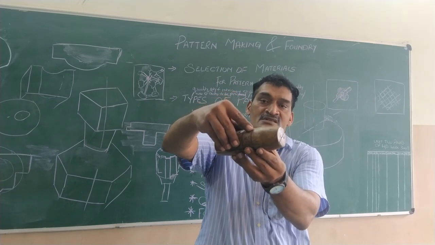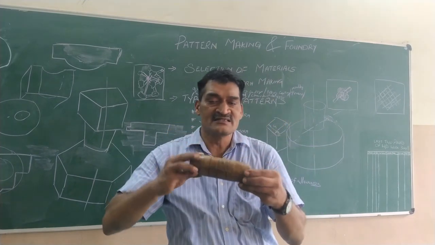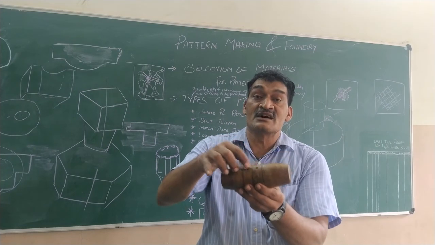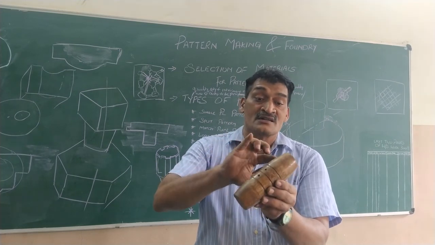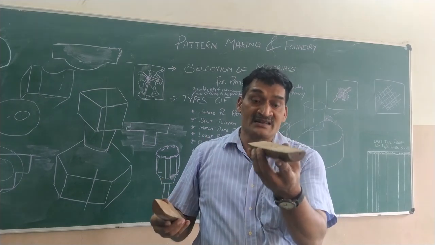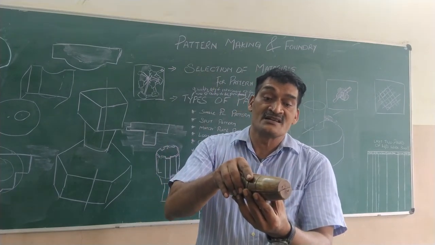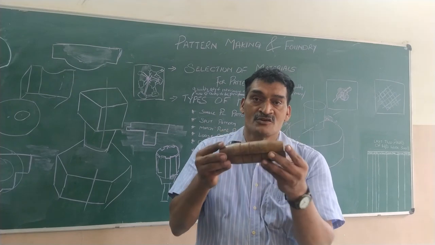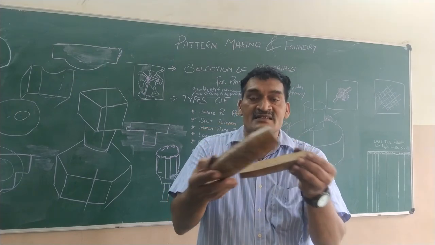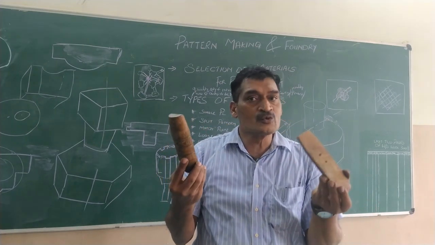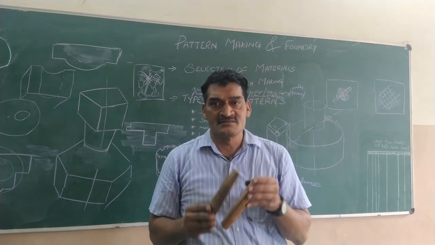While we prepare the mold, this should not move. That's the reason we require dowels to lock the part in the drag with the part in the cope. So, it is split. That's the reason we call it a two-piece or a split pattern.